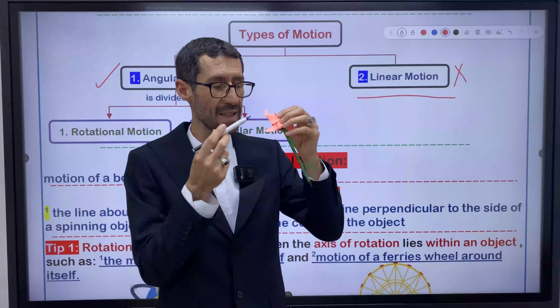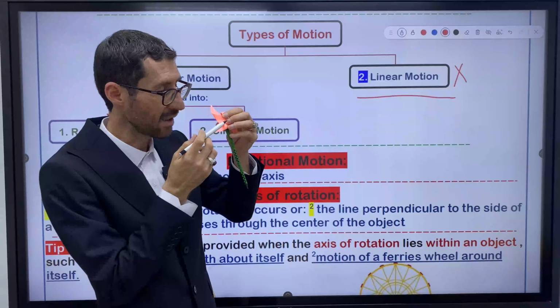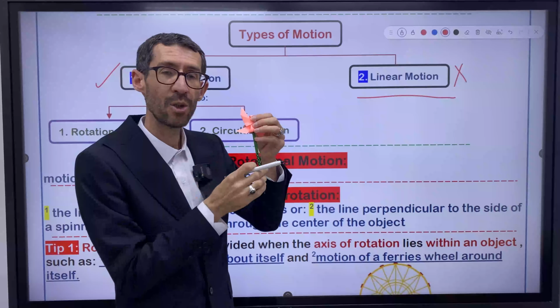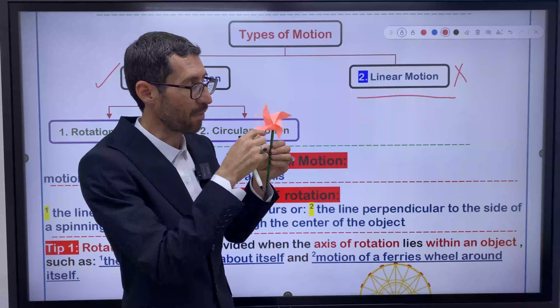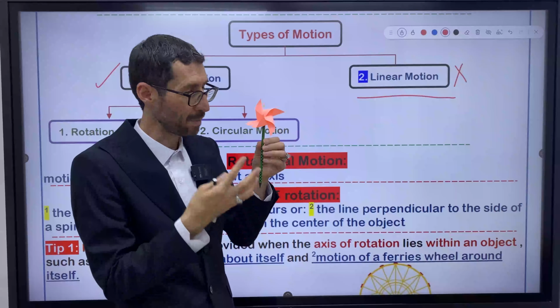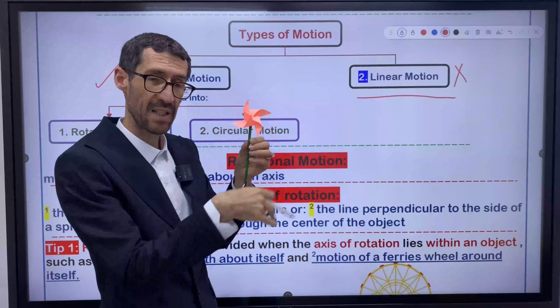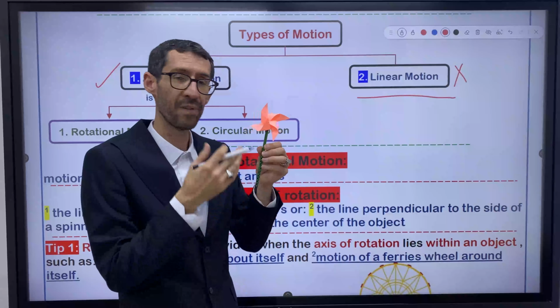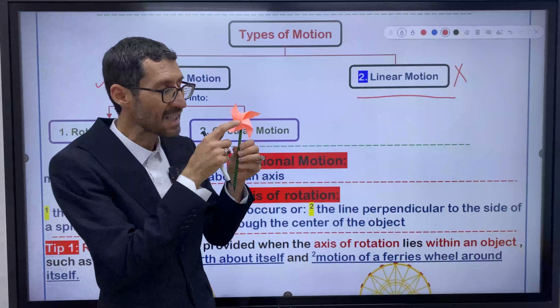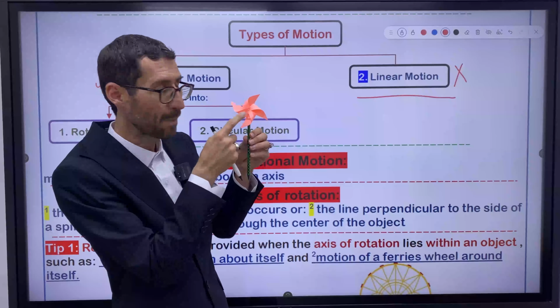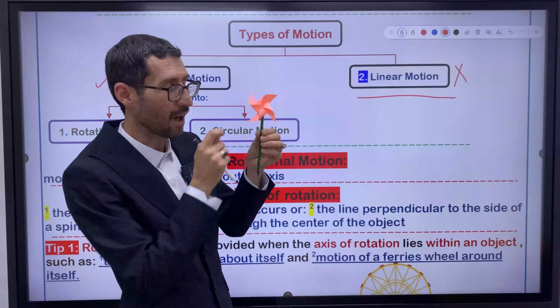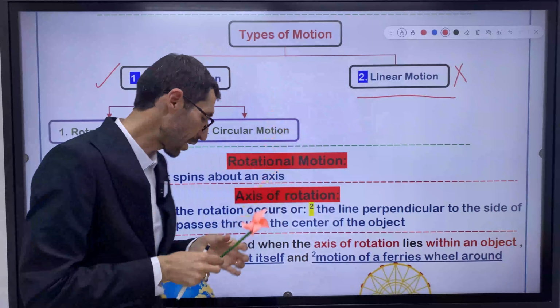The second definition says that it's a straight line that is perpendicular to the sides of the spinning object. It's perpendicular to the surface, or to the plane of the object, and passes through the center. This is called the axis of rotation.